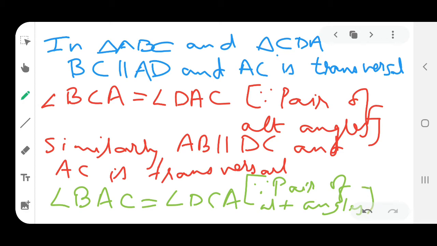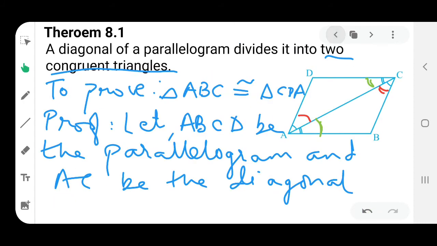Now we wrote that two angles of the two triangles are equal to each other. In these two triangles, the red two angles are equal to each other, and the green ones are equal to each other. Now we can see that both triangles, triangle ABC and triangle CDA, share a common side, that is the diagonal of the quadrilateral, AC.